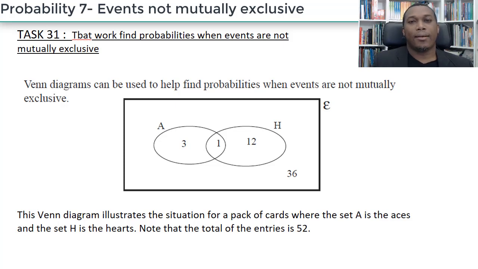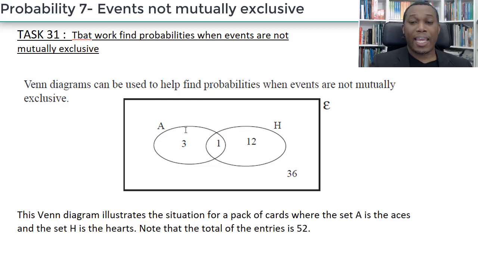Task 31. How do we deal with events that are not mutually exclusive? A situation where, in the diagram we're looking at, event A and event H are not mutually exclusive. So the probability of A plus the probability of H is not the method we can use to find the chance of getting A or H. To put it in context, the powerful tool we're going to use is the Venn diagram.